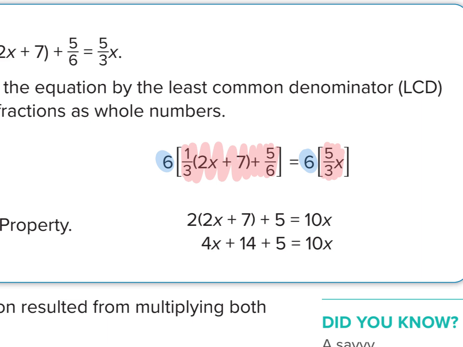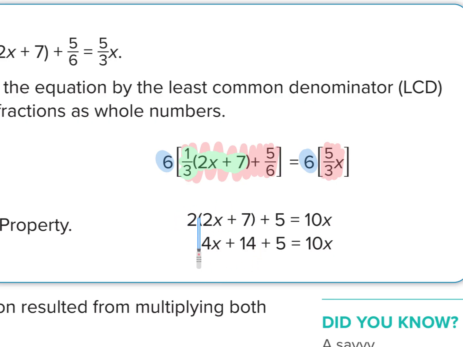One thing to note is that you're multiplying each term by that 6. If you look here, what is in the parentheses, and this is the same for all parentheses, this term is tied with that 1/3. So that whole thing is one term. That's why all that's changing is my 6 times 1/3 is going to be 2, because this is all one term.